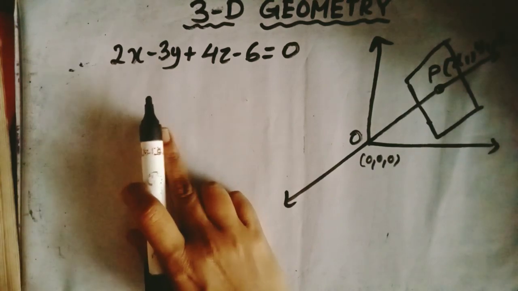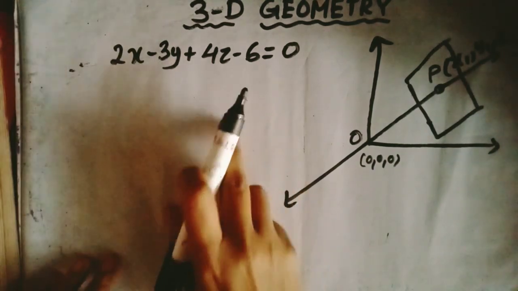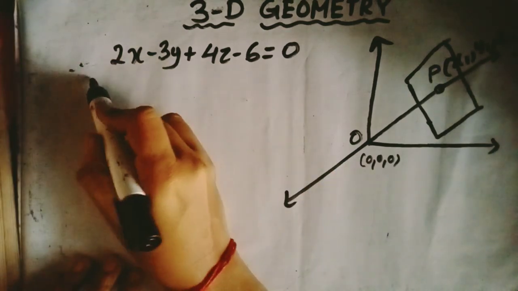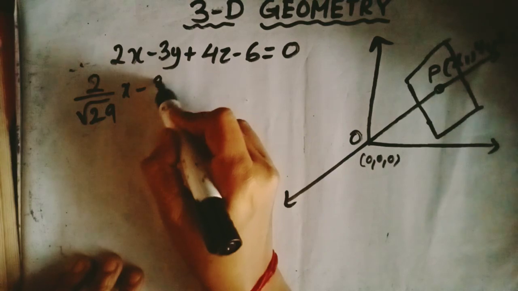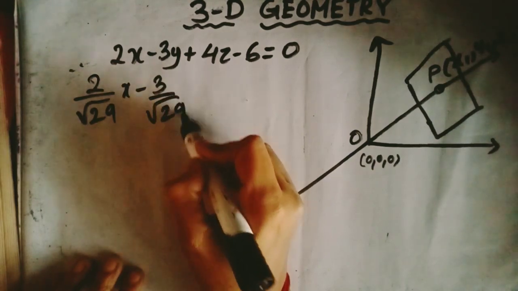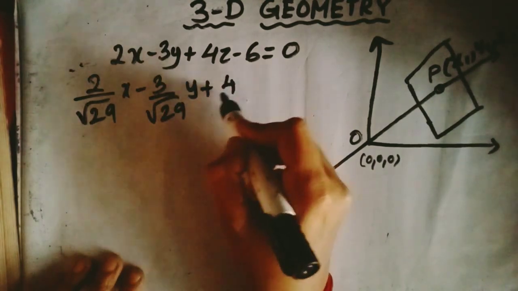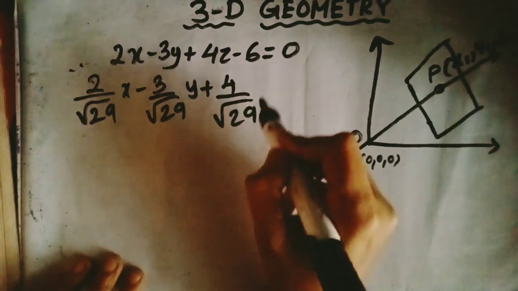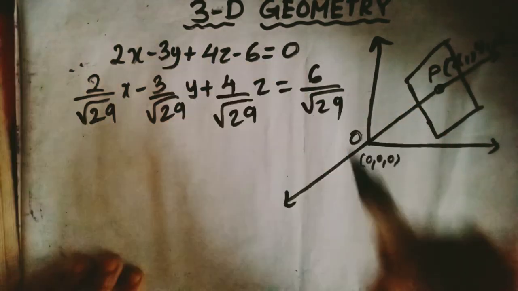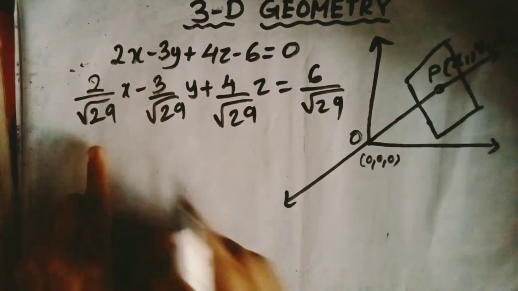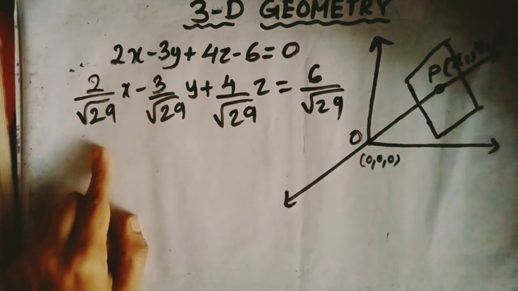So in the previous question the same equation of the plane was given, so I'll directly write the normal form of this. Okay, 6 upon root 29. So this is the equation of the plane.